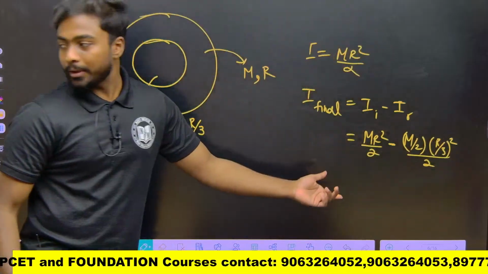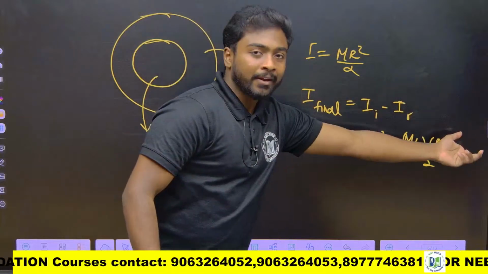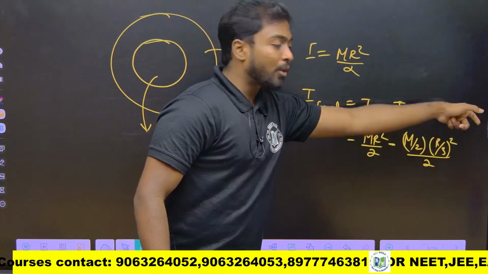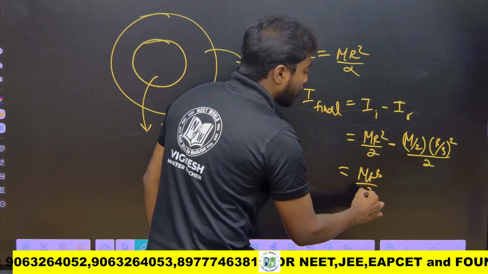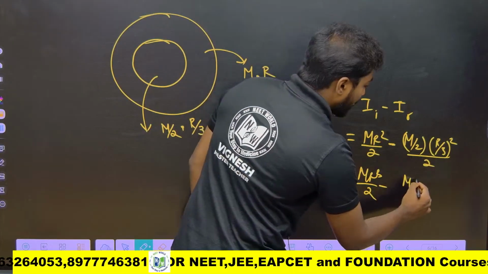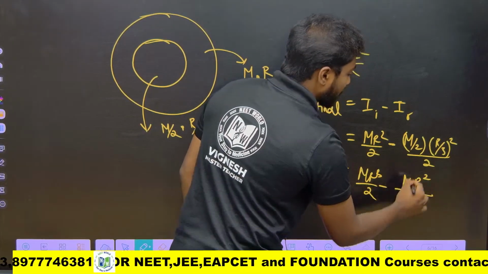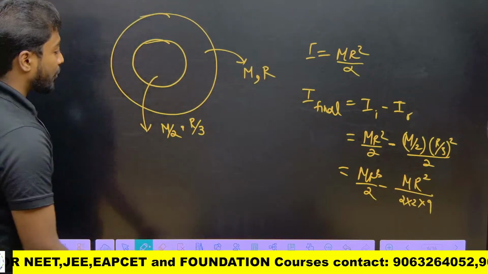So mr square by 2 minus m and r square by 2 into 2 into 9. Only the calculation part is remaining.